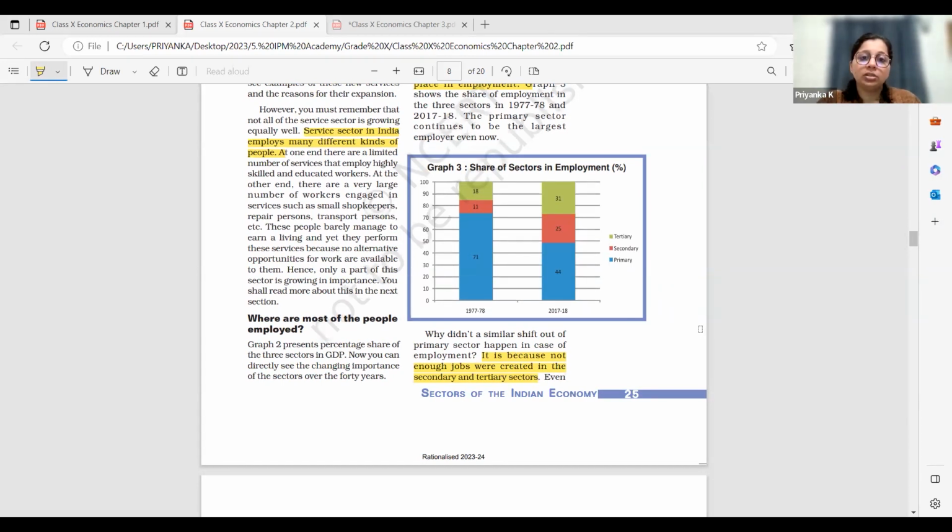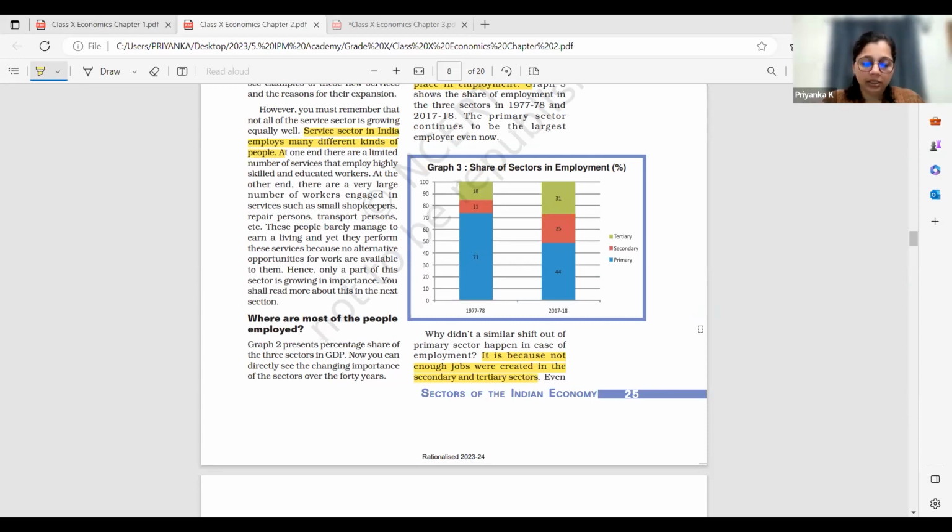Graph 3 shows that in 1977-78, only 18% of the population was employed in the tertiary sector. But coming to 2017-18, 31% of the employment is happening in the tertiary sector itself. So maybe after 10 or 20 years, this graph might go upside down, with the tertiary sector having more employment and agriculture having less.